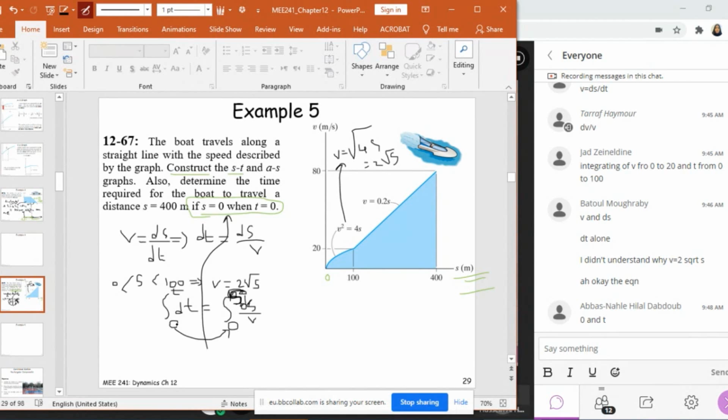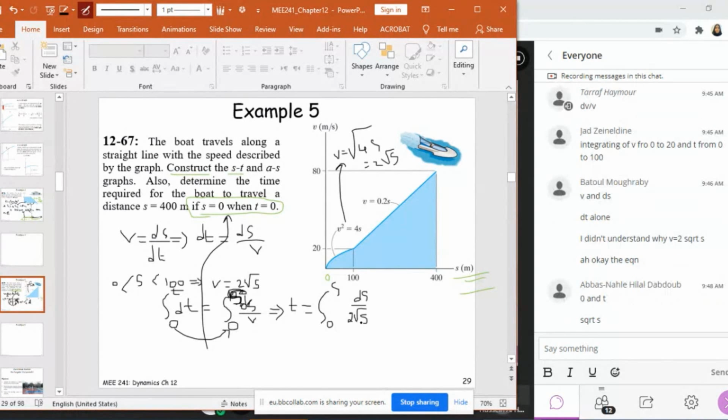Okay, guys. So this means that t is equal to the integration between 0 and s of ds over 2 radical s. Now, what is the integration of ds over 2 radical s? Like dx over 2 radical x. What is the integration, guys, of this function? It's a known integration, guys. What do you think? Yes, it's the square root.